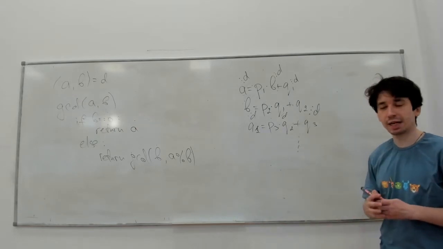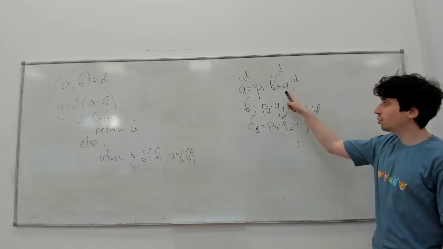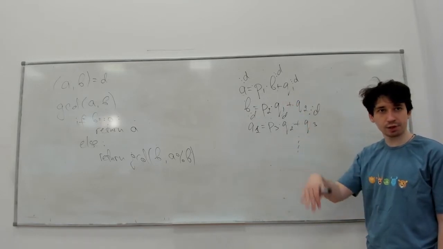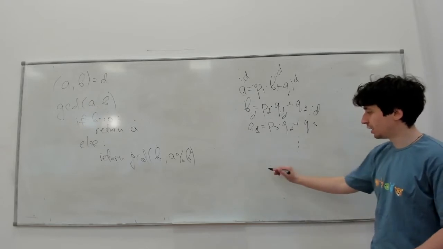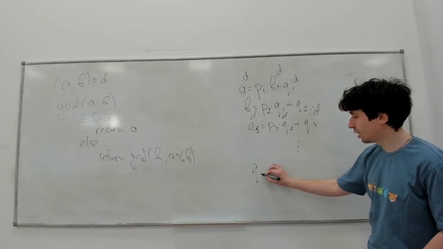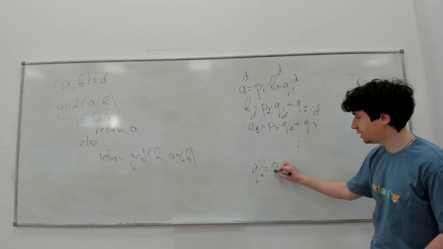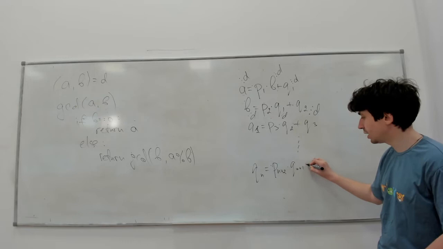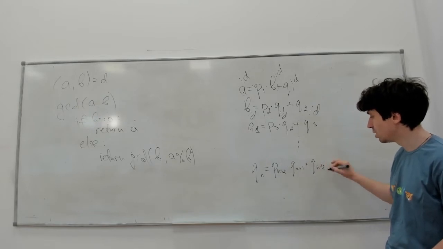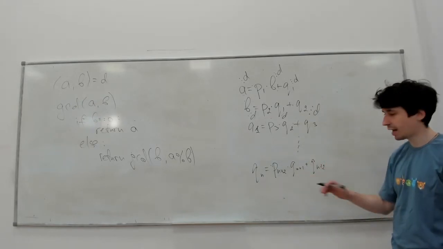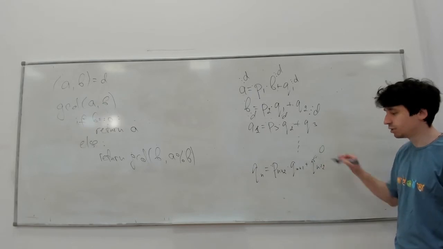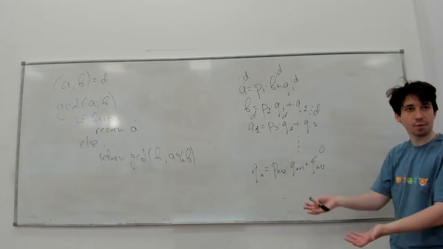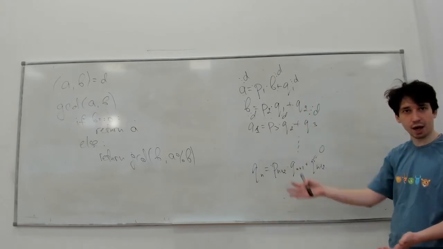The idea is that q is always decreasing. So finally, at some point, you will have Qn equals Pn+2 times Qn+1 plus Qn+2. At the very end, the remainder will be 0, because it always decreases and decreases. At some moment, it will stop.